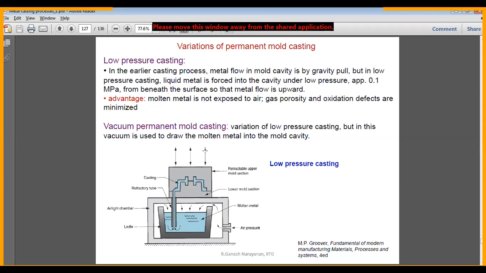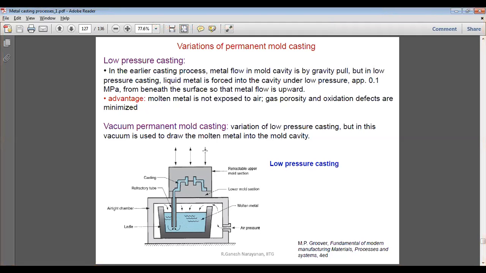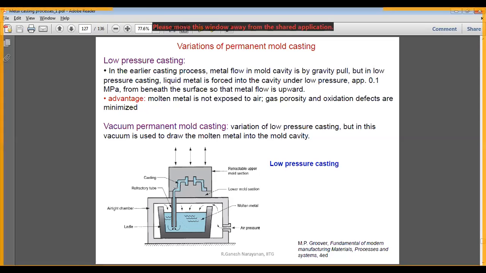This is just opposite to the normal casting process. In the normal casting process, the molten metal is poured inside the cavity with the help of gravitational acceleration, but here we are reversing the metal flow action, and pressure is applied in order for the metal to rise in the cavity or the mold.